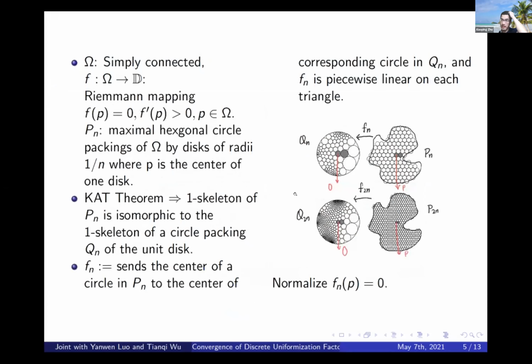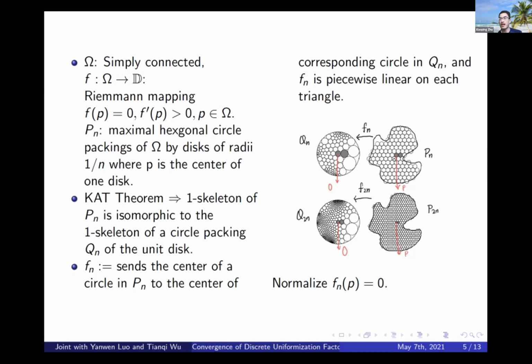So how do we construct some sort of discrete conformal mapping to approximate the Riemann mapping? In the picture, we have a simply connected domain omega, and a Riemann mapping F sending omega onto the unit disk. F sends some P to the origin, and we require the derivative to be larger than 0.